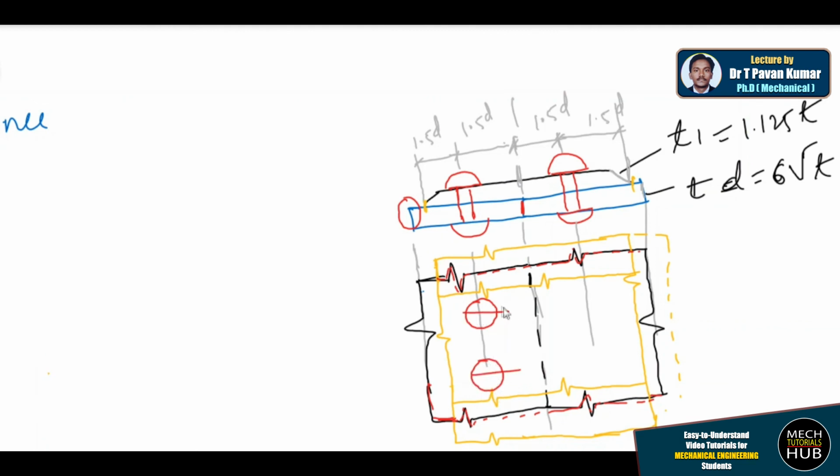Showing these two, the pitch distance P is equal to 3D is more important. You don't bother whether the circle is near the edge or not. Don't measure from the edge. In general, from the edge to the center of the rivet, the distance should be 1.5D. You can consider this distance, or else you can directly take it near the edge also, it doesn't matter, because we are showing a cut section.